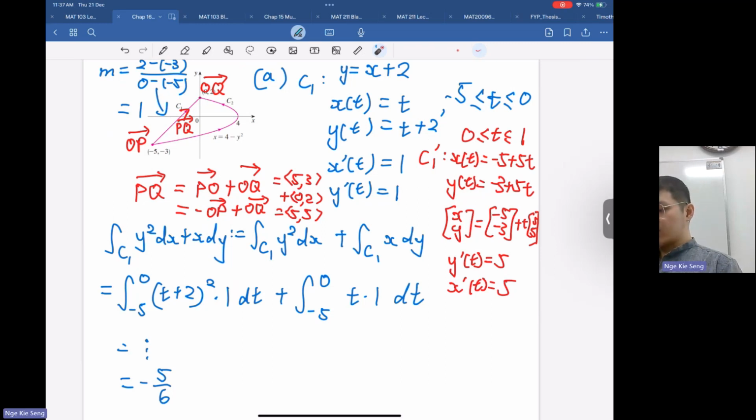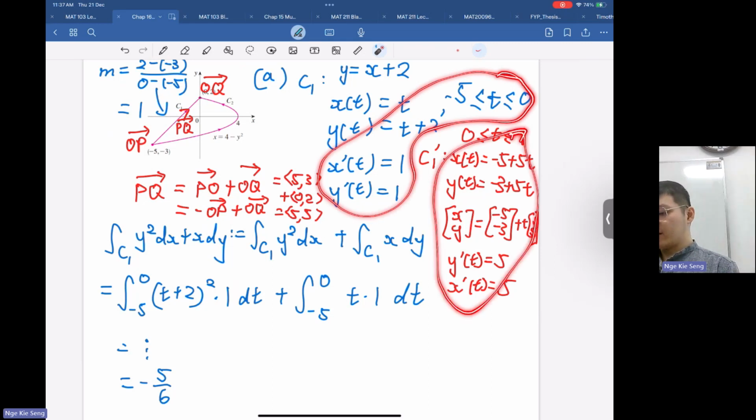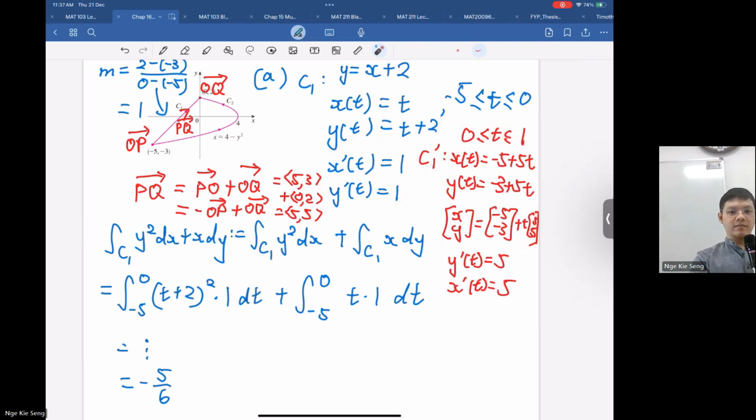Okay. So the compensation here will give you the same line integral. Any question about this? If no question, we continue our computation.